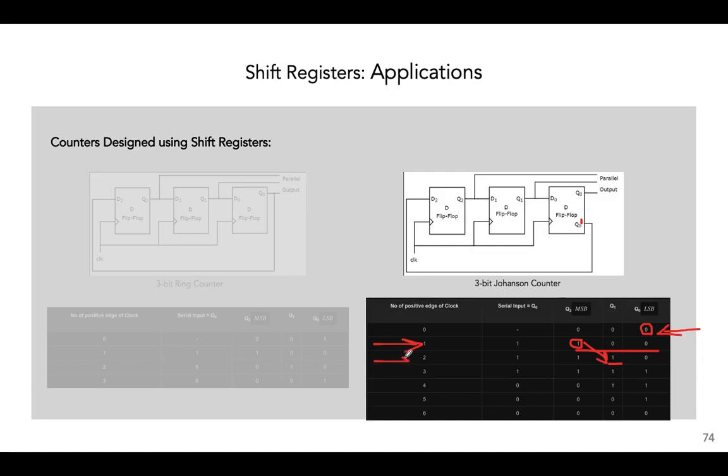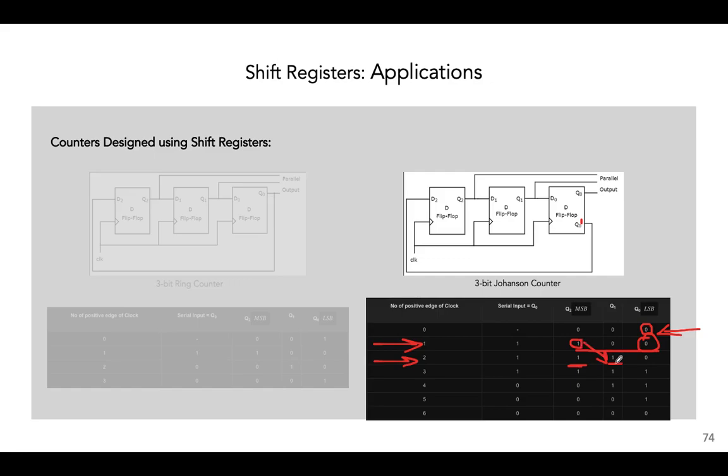So we get this one is the same as this one, all right? At the application of the next clock pulse, this output is not going to be fed back. The complement of this is going to be fed back into the system. So Q0 is 0, but the input that the first flip-flop gets will be the complement of Q0, which is 1. That is why, even though the output here was 0, the input in the next step is 1.